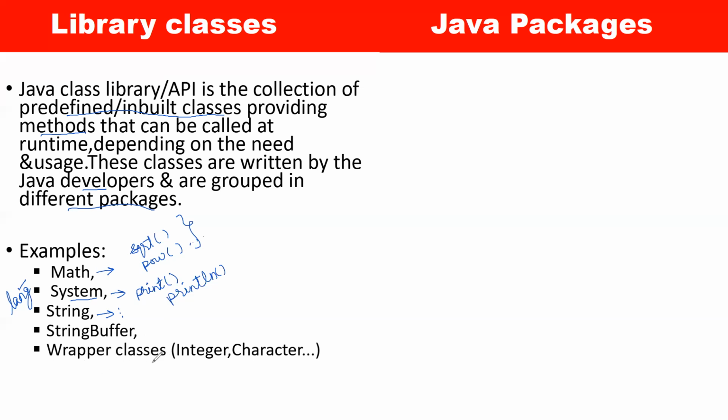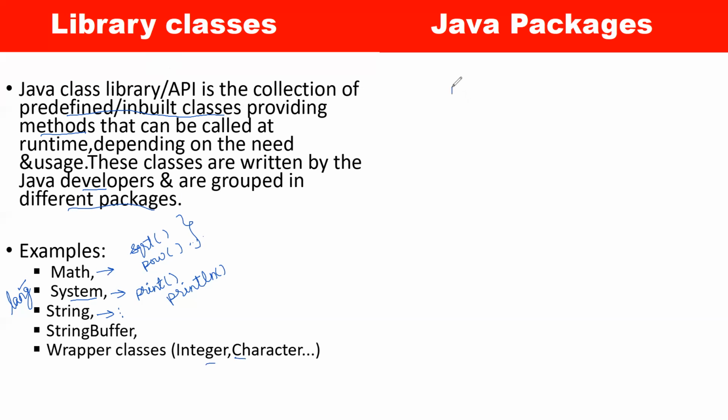So wrapper class is a name given to a group of wrapper classes which we will be discussing in detail. So the point here is the Java API or Java library consists of various inbuilt or predefined classes which are placed in different packages. And all those packages together form the API or Java library. Fine.